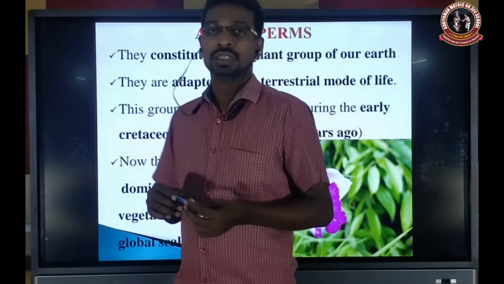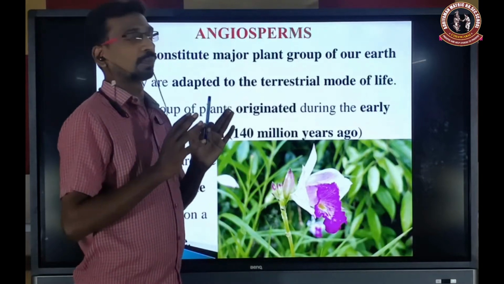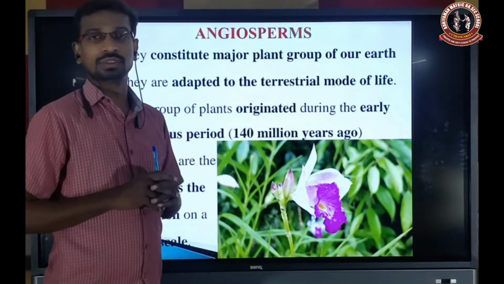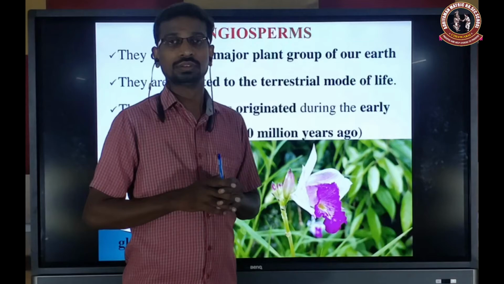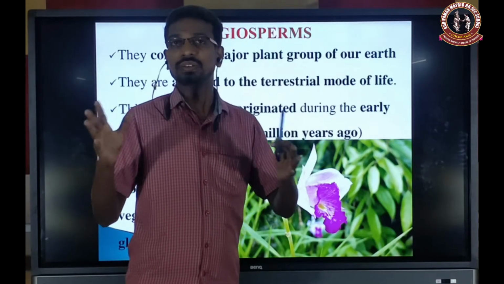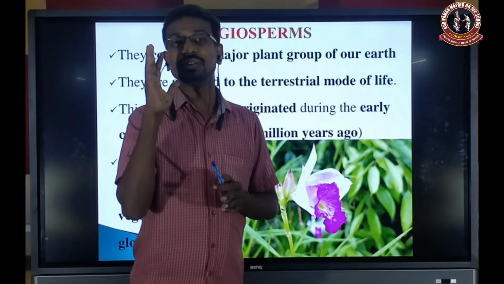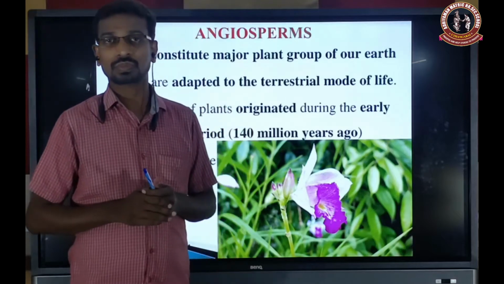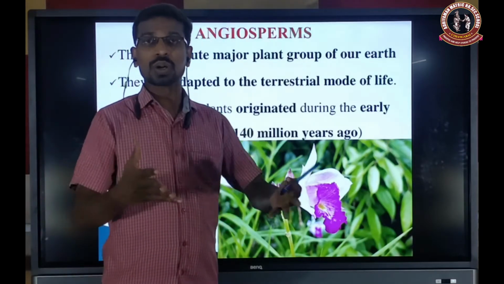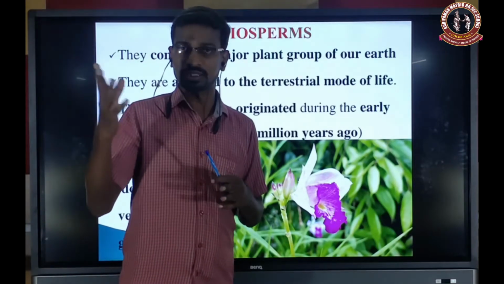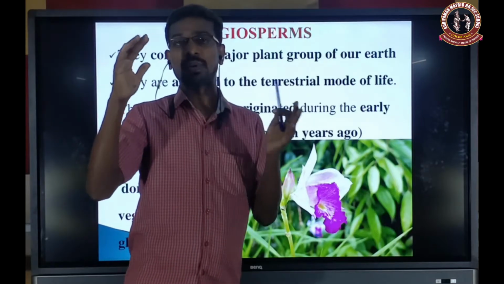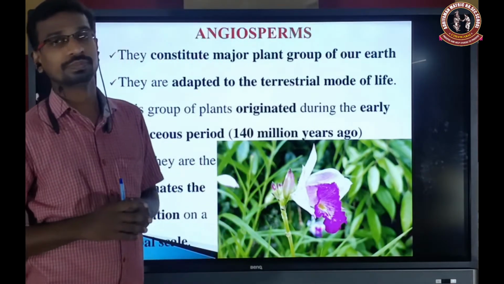Next, they constitute the major plant group of our earth. Most of the plants we can see everywhere are angiosperms. Even in aquatic life and terrestrial life, the dominant plant group is angiosperm.